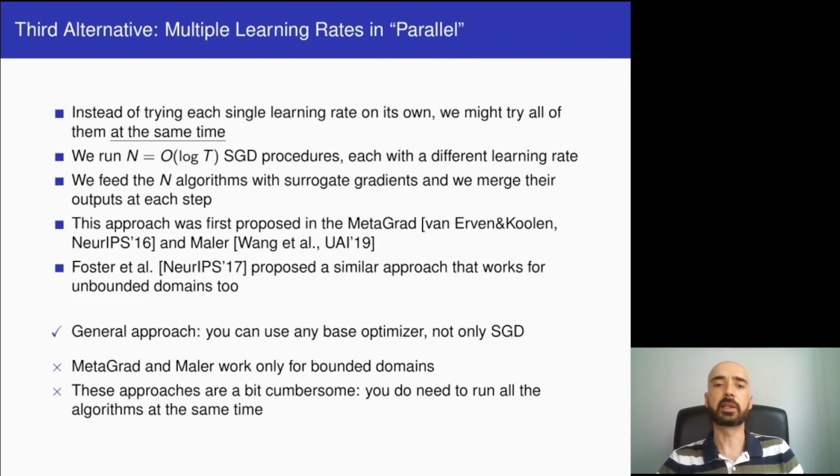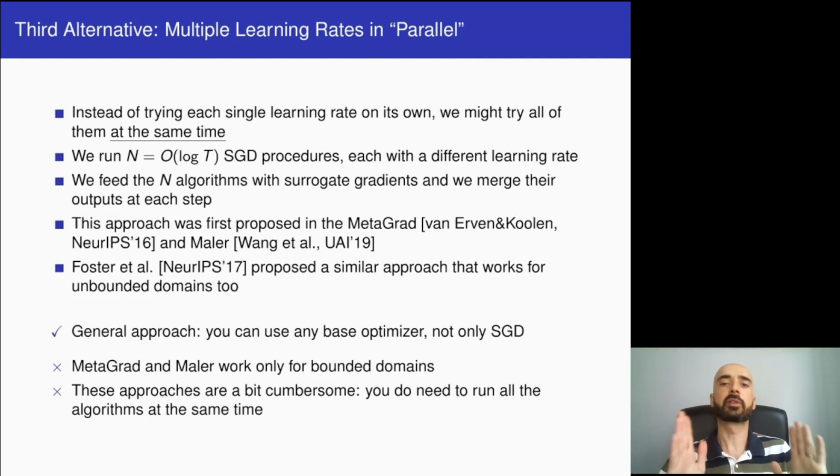Another alternative is looking at all the learning rates that you want to try and saying, instead of trying them one by one, I want to try them all at the same time. So I have a bunch of stochastic gradient descent procedures, and you can show that you just need a logarithmic number of them in the total number of iterations. And each one of them has a different learning rate.